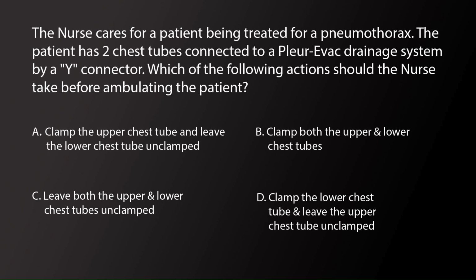Option B, clamp both the upper and lower chest tubes. Option C, leave both the upper and lower chest tubes unclamped. Option D, clamp the lower chest tube and leave the upper chest tube unclamped. The correct answer is option A, clamp the upper chest tube and leave the lower chest tube unclamped.